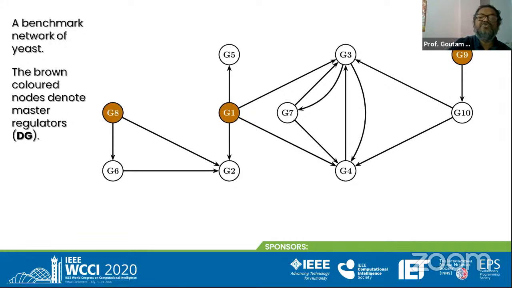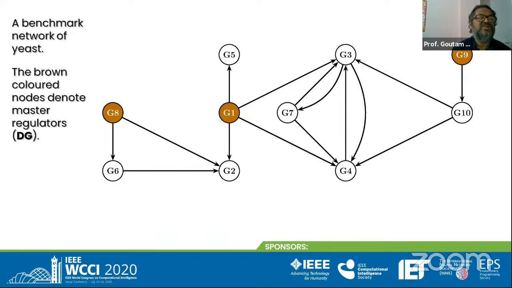G3 is influenced by so many genes: G10, G4, G1, etc. But G9 has not been perturbed by any other gene. G1 is not perturbed by any other gene. G8 is not perturbed by any other gene. In this network, they are called the master regulators.